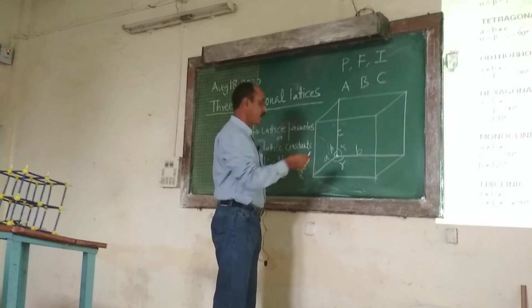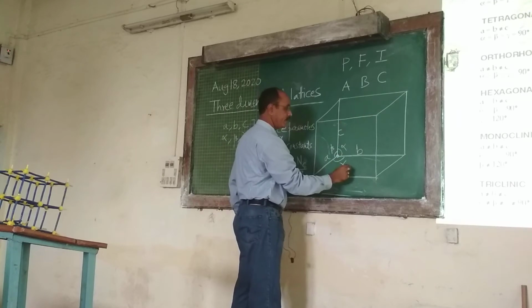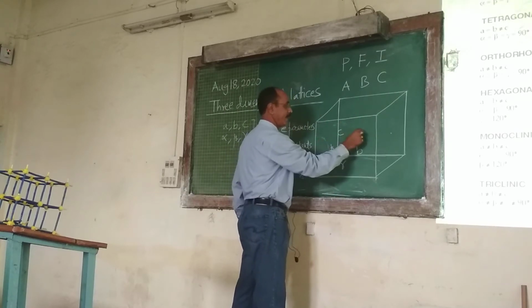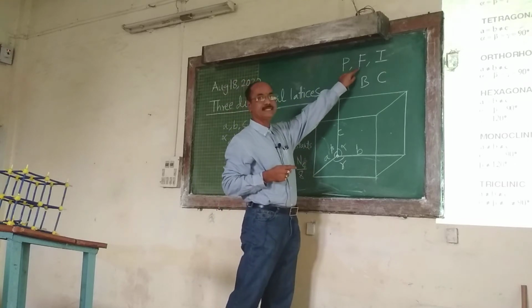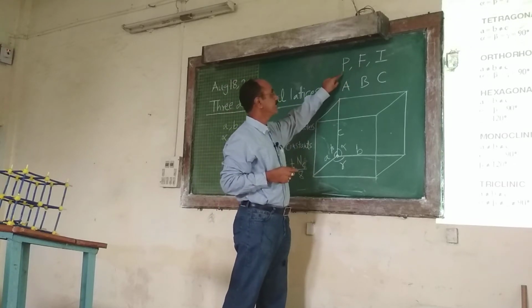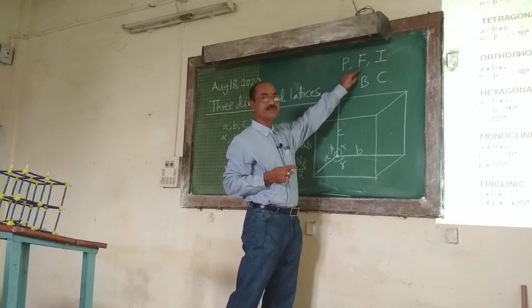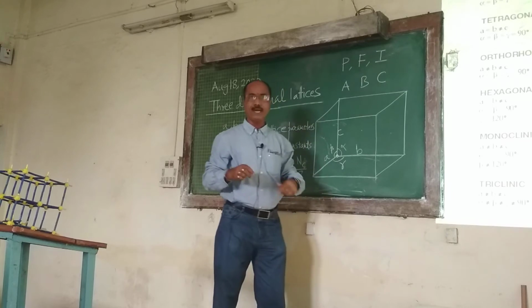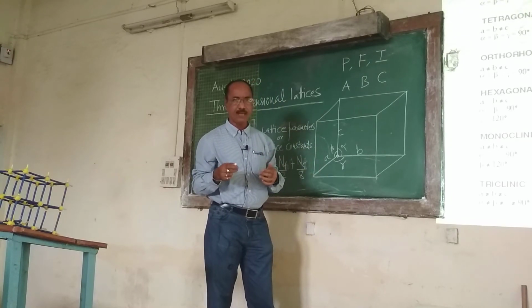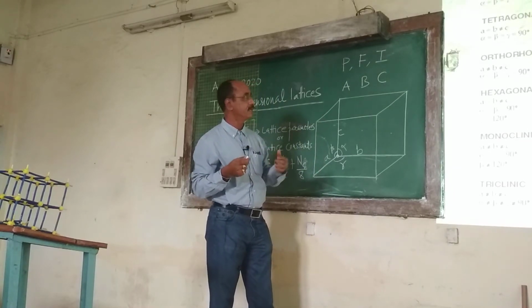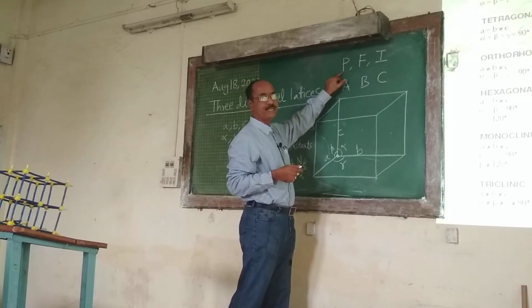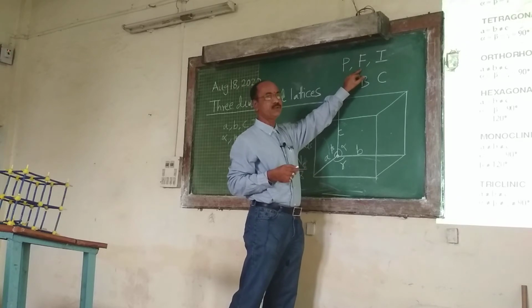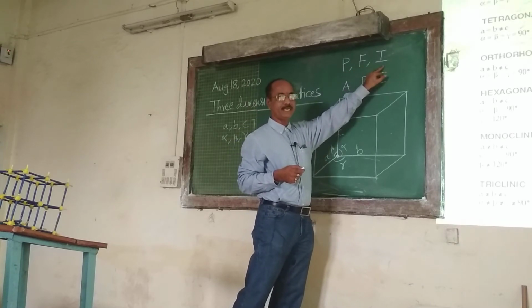If there is a lattice point at the center of each face, it is designated as F. And I stands for body-centered unit cell, I for inside.